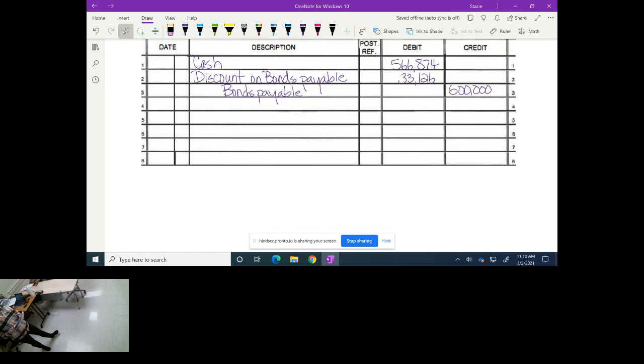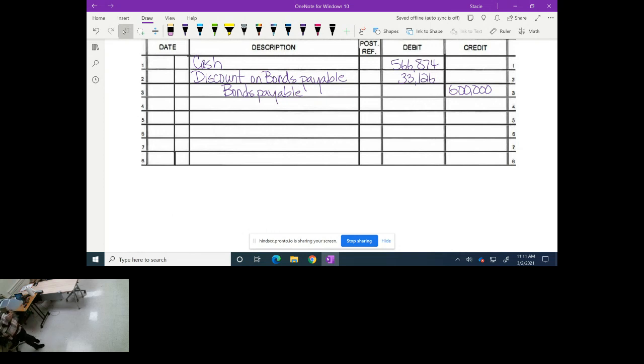Okay, so the next thing to do is to record the journal entry for the first interest payment, and the amortization. As part of our interest payment, we're going to take a piece of that discount every time we pay interest, and we're going to get rid of it a little bit at a time.